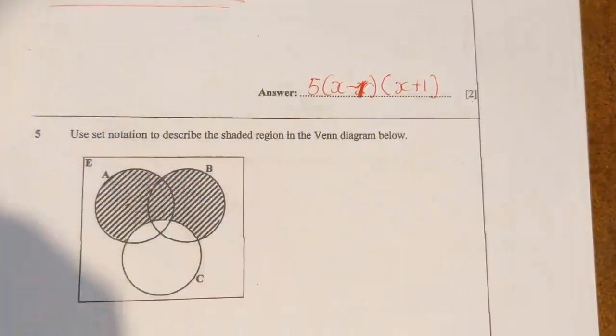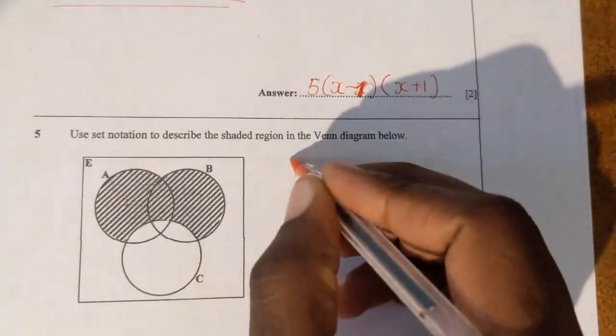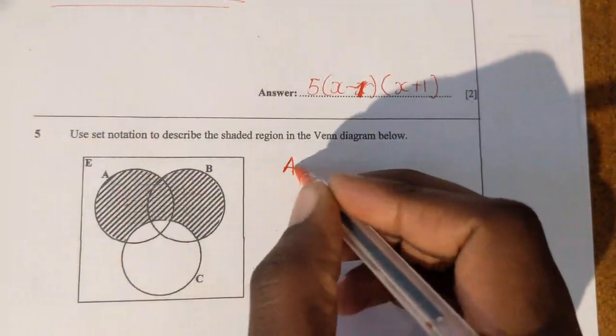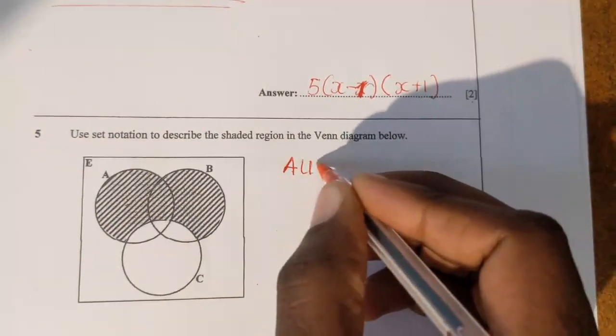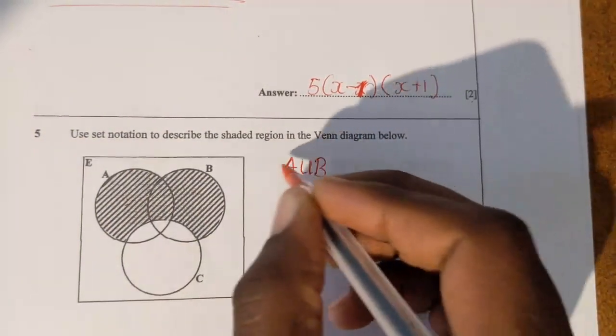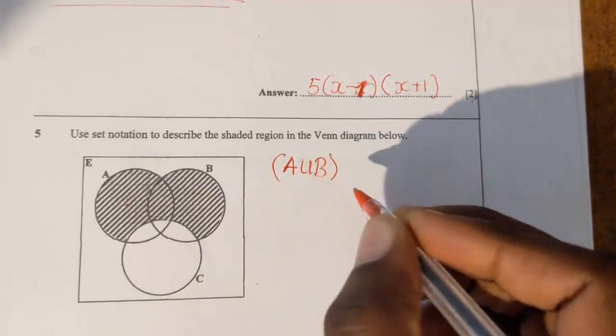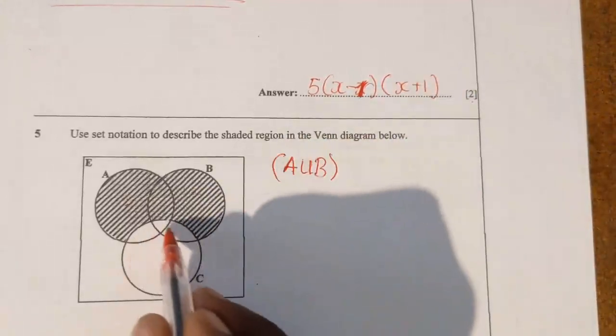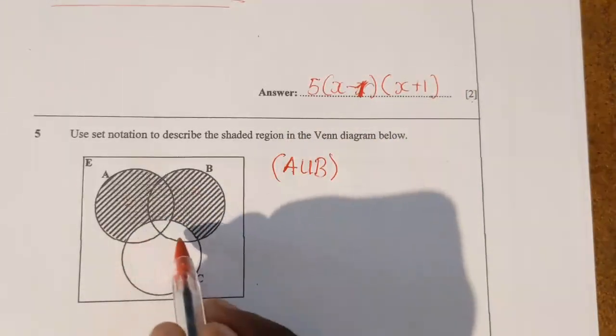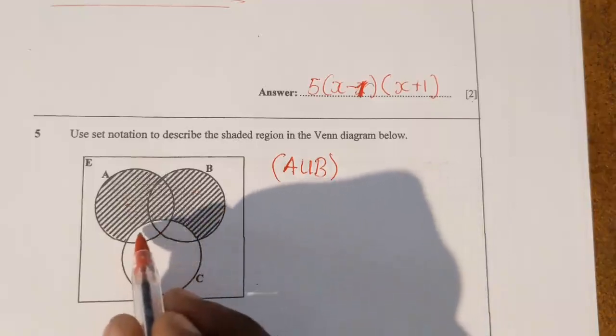A complement means not shading. So the answer is just going to be A union B, but it involves the intersections. So the complement, it is involving the what?